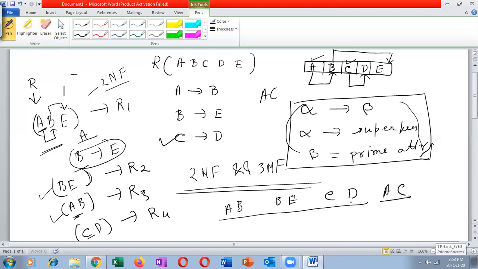So it will violate the lossless property. So then there will be a lossy join. So I will explain about this lossy and lossless in the later classes. But we have to remember that we have to form a separate table for the candidate key set.